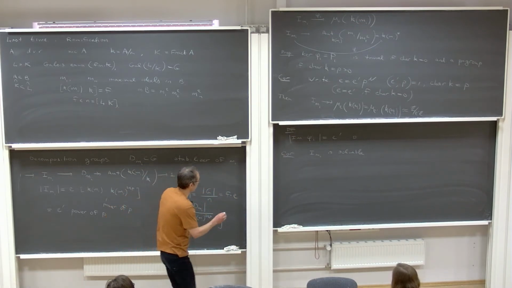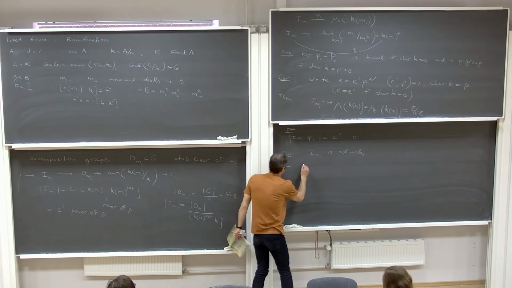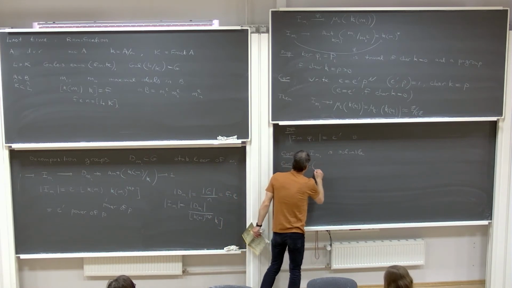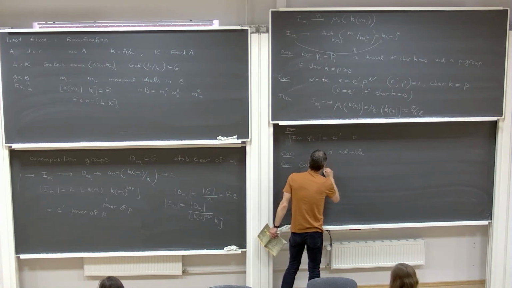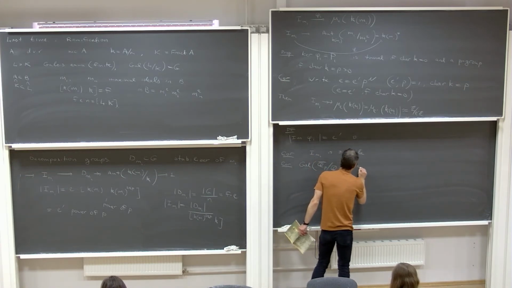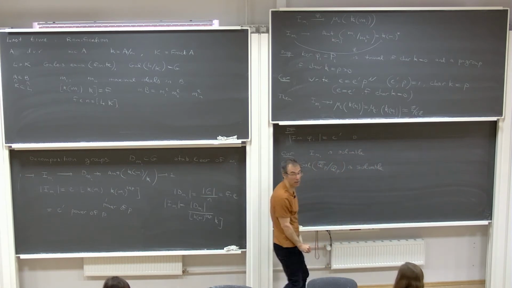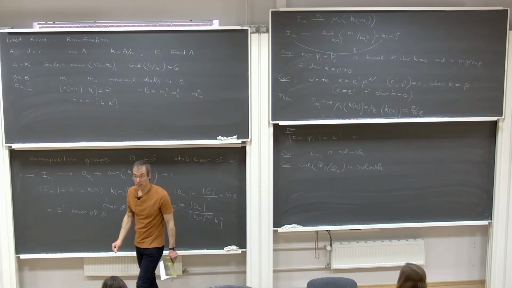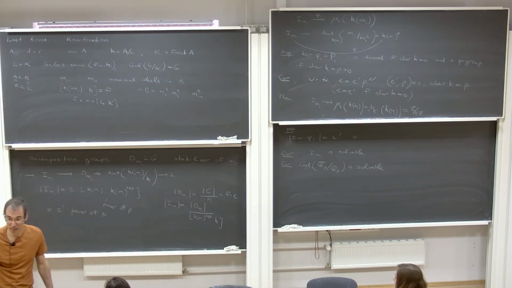So, corollary, the Galois group of QP bar over QP is solvable. That is to say, any finite Galois extension of QP has solvable Galois group.